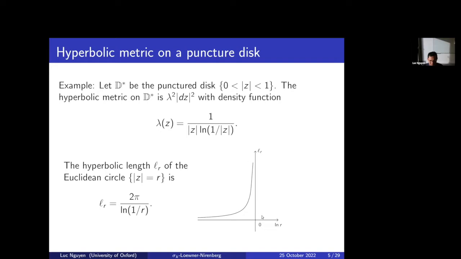Then we see that the length of this circle blows up at log r equal to 0, that means as z is going to 1, and the length goes to 0 as z is going to 0. So this behaves slightly differently from the previous case. We should keep in mind that at the boundary of this domain, at the origin, it's a singular boundary. The boundary is not a curve; it's just a point there. So it behaves slightly differently.